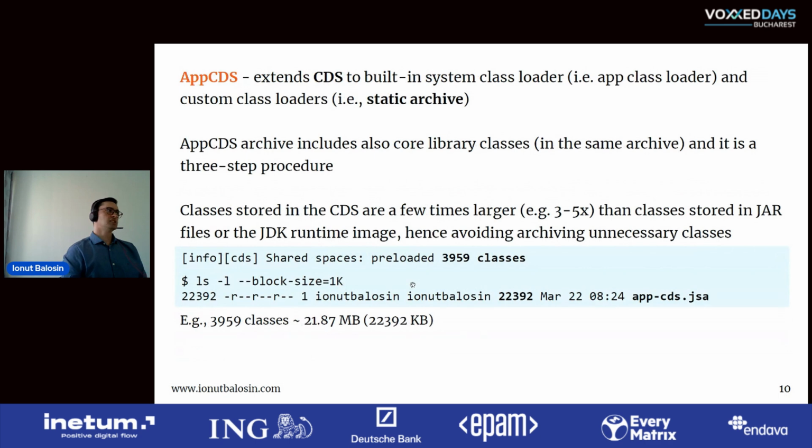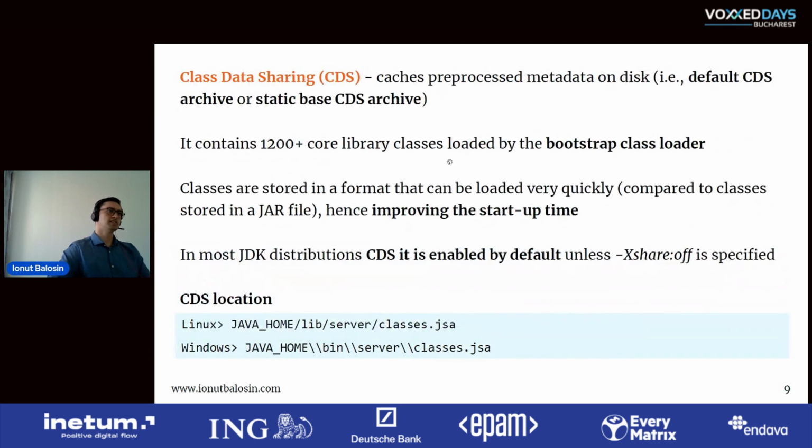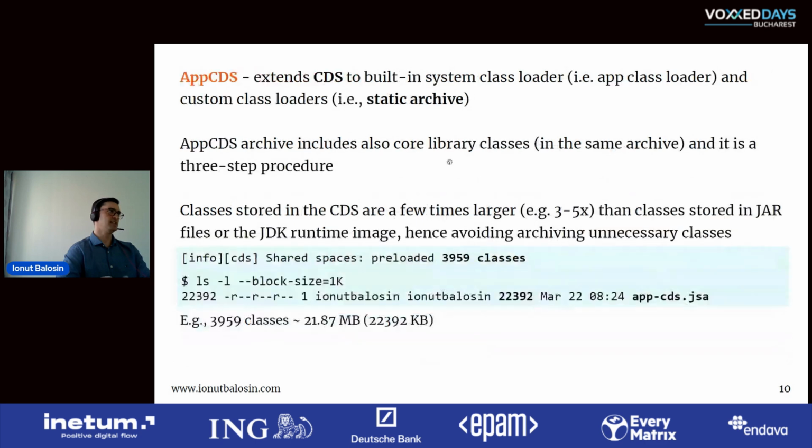Next one is called AppCDS. Because you saw the previous one is a bit limited, right? It contains only system classes. AppCDS is there in OpenJDK since the 10th version, and it extends the notion of CDS to the application class loader and custom class loaders.